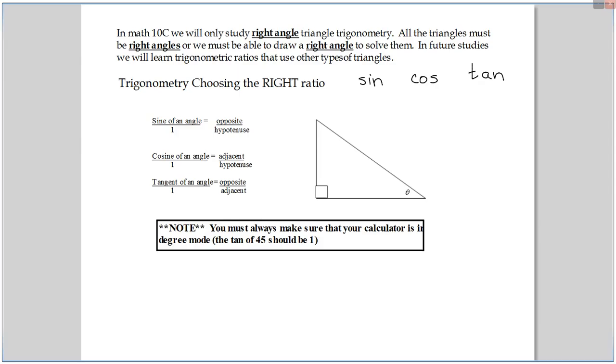So trigonometry, all it is is a connection between angles and ratios of sides in a right triangle. And that's all it is, okay? So these formulas connect angles to ratios of sides in a right triangle.